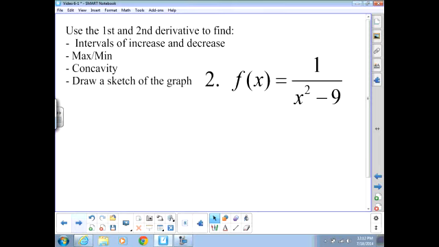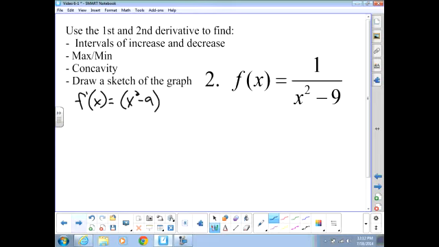Next example, a little bit trickier because we're going to work with a fraction. Same things we're going to find though. So we'll do our first derivative. Because we're dividing, we must do quotient rule. So we'll do low, x squared minus 9, d high, which is 0, minus high, which is 1, d low, which is 2x, all over low, low.